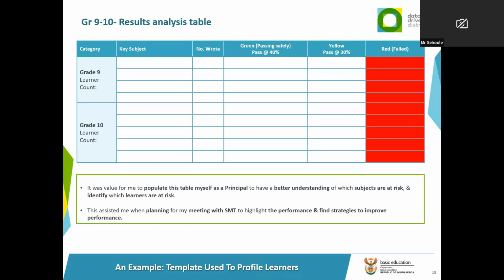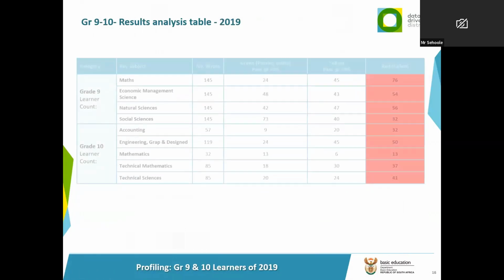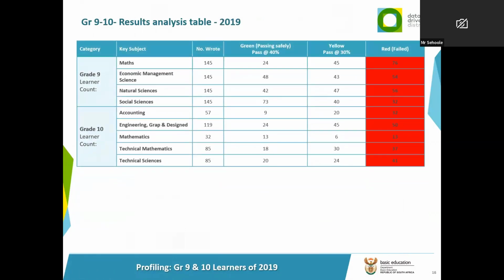So the SMT came to the party, and they agreed that this is the way to go, because it was an insightful exercise that will assist us. So with regard to the grade 9 learners, these are the key subjects that we identified: mathematics, economic management sciences, natural sciences, social sciences.